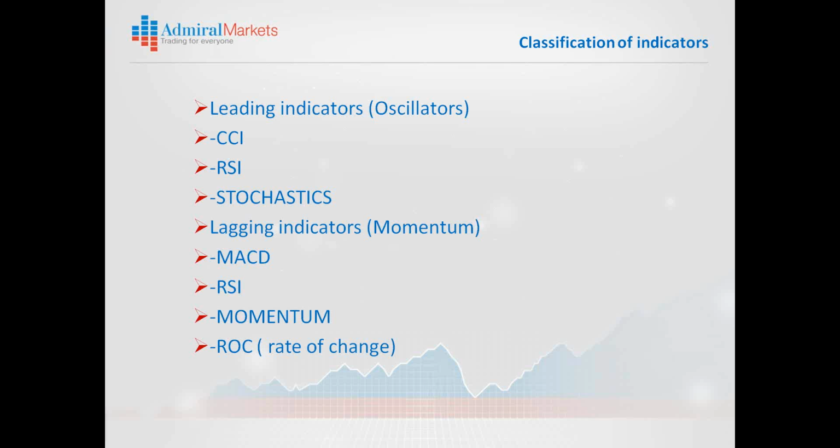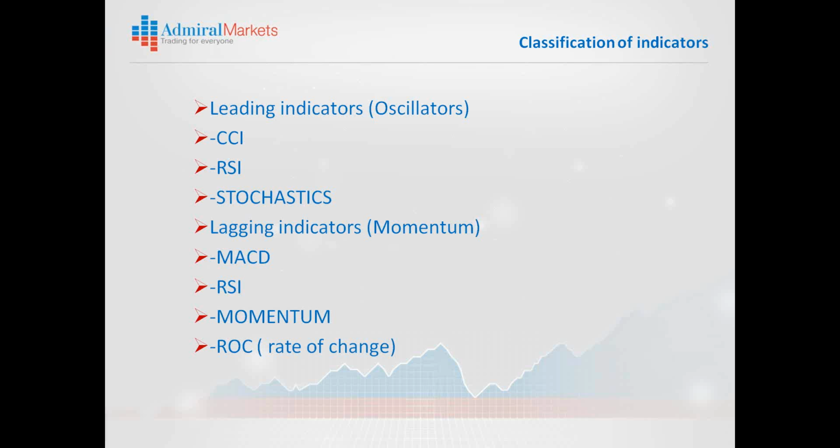So that's a brief explanation of indicators, and of course there is a subsequent classification of leading and lagging indicators. First of all, the best leading indicator for me is the price itself. And that means price action. That means those candlesticks that form during our trading. For me, that is the best indicator.